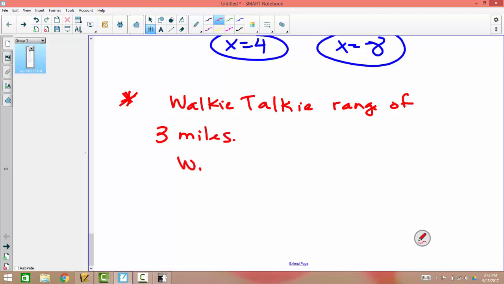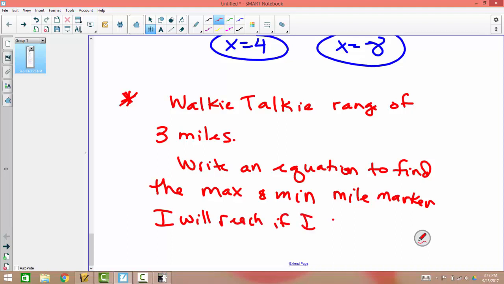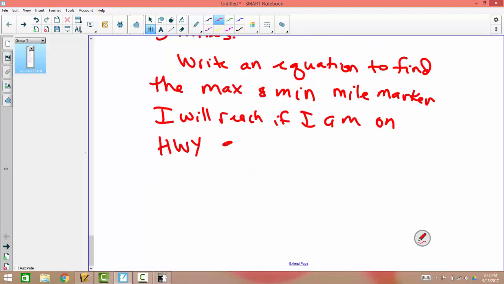Write an equation to find the max and min mile marker I will reach if I am on Highway 96 at mile marker 110, which is the Okemos exit.